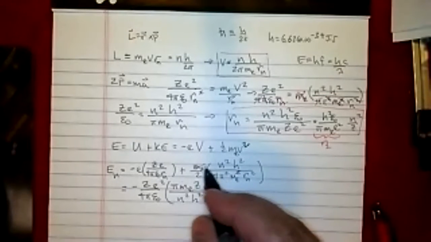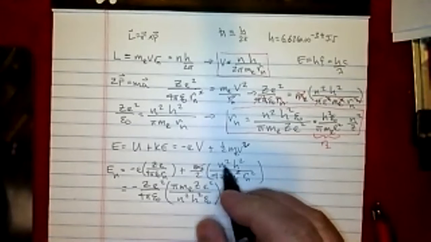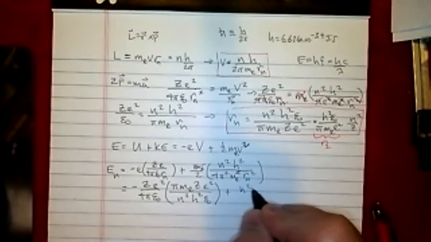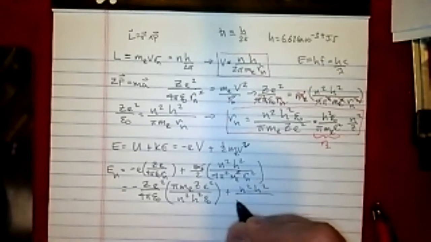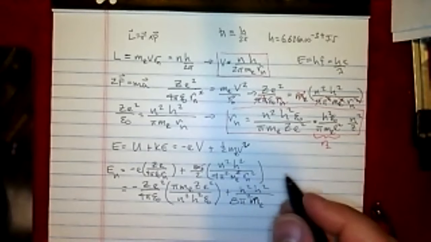Now I'm going to take this other expression, which is the kinetic energy part, and I'm going to say n squared h squared over 8 pi squared epsilon 0, m sub e is there. And then all that's left is the rn squared.